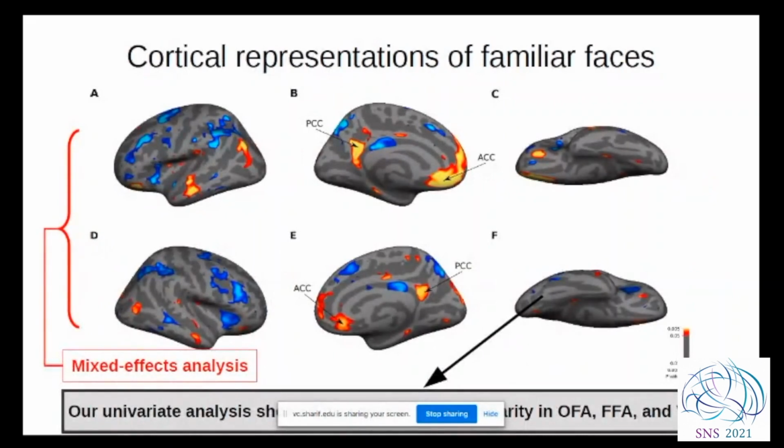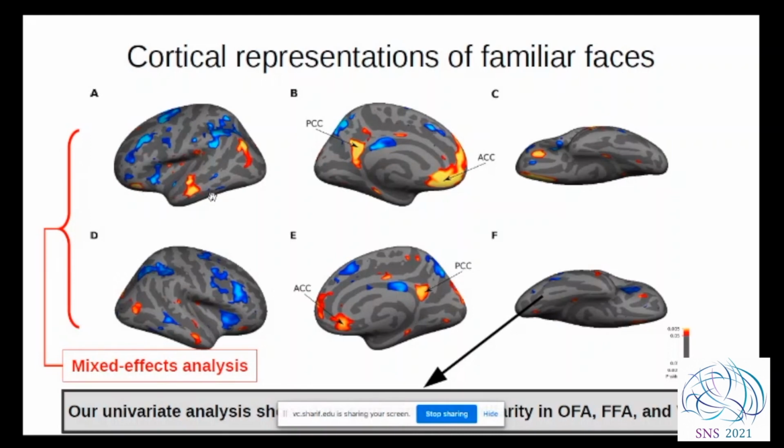So the first thing that we looked at was the cortical representation of familiar faces. Here I'm going to show you the result of a univariate analysis. We compared familiar versus unfamiliar faces.